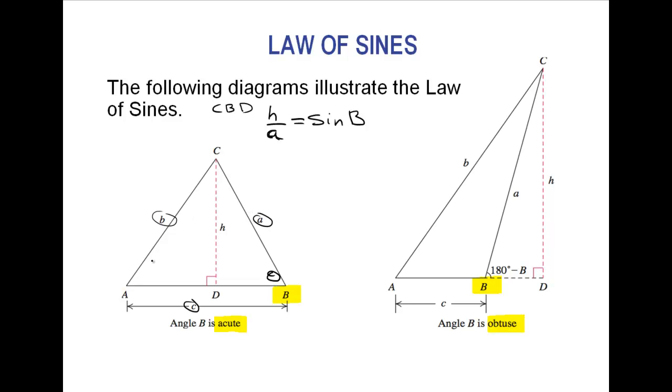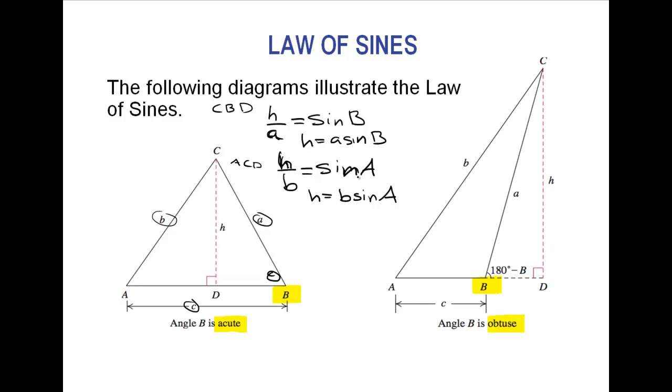Now in the other triangle over here, ACD, we know that H over B equals sine of A. And if we solve each of these for H, we get H equals A sine B, or H equals B sine A. Now set them equal to each other, right?